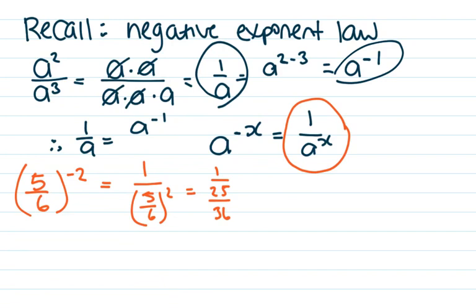And then to divide a fraction, I would multiply by the reciprocal. So that would be 1 times 36 over 25, which is equal to 6 over 5 squared.